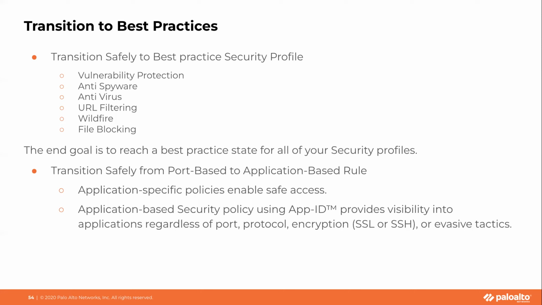However, to ensure the availability of your business critical applications, it will not be feasible to implement a full best practice security profile configuration from the start. In most cases, you can safely block some signatures, file types, or protocols while alerting on the others until you gain the information and confidence to finish a safe transition to the best practice.